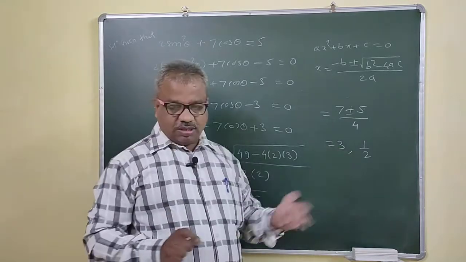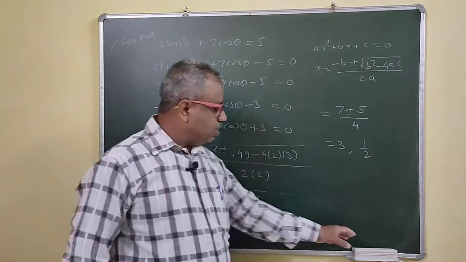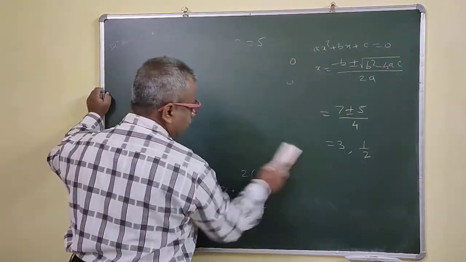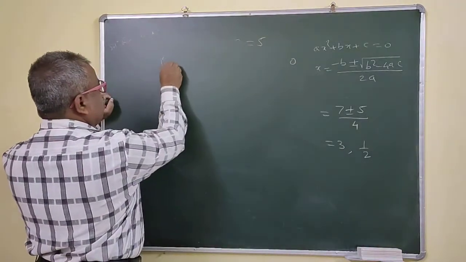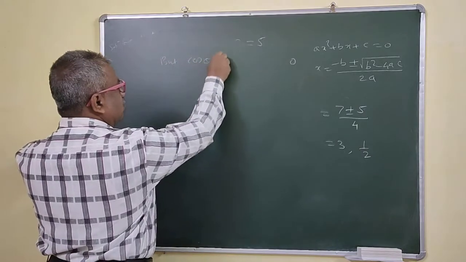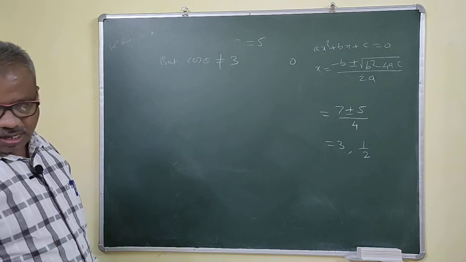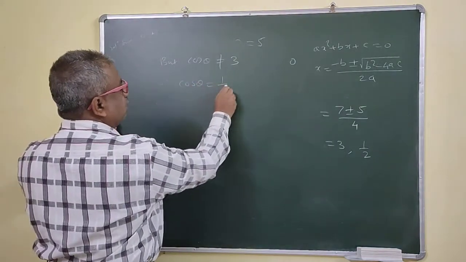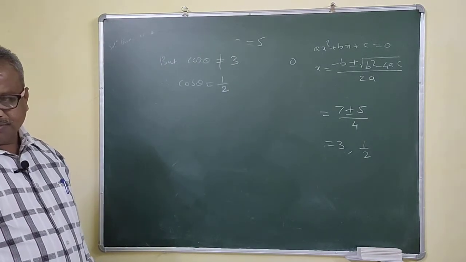Now your 3 does not lie between -1 and 1, that means this is not a permissible value. So cos theta is not equal to 3, because this is not permissible. Therefore cos theta is equal to 1/2. This is the permissible value.